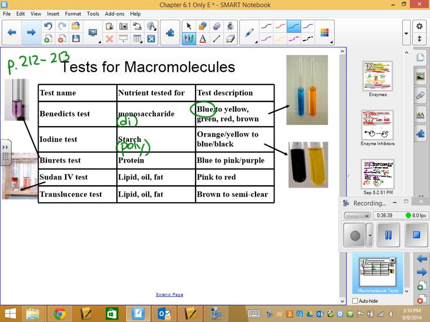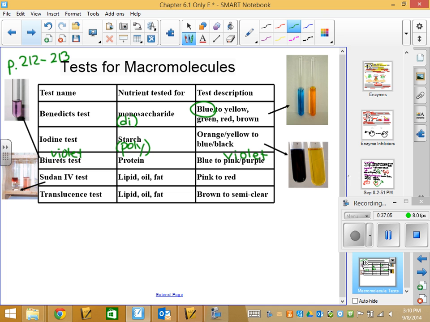Now, another way to say purple is violet, and if you say them out loud, Biuret, violet, they kind of sound the same. That's always been how I've remembered which one is which. So the Biuret test turns violet, which is how you could say purple, if there's a protein there.